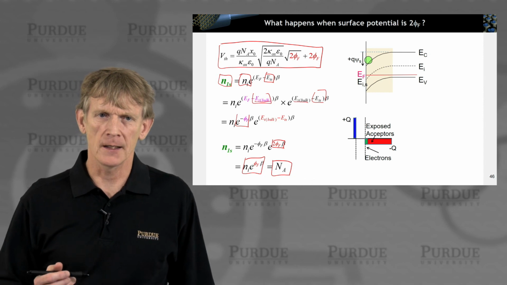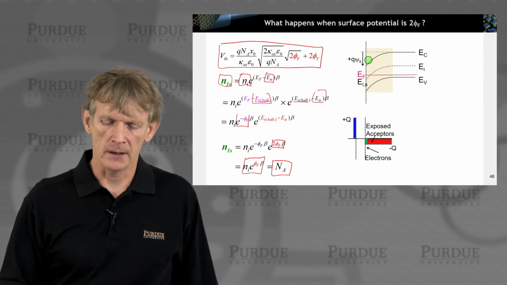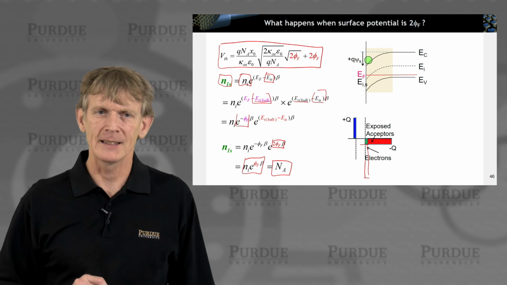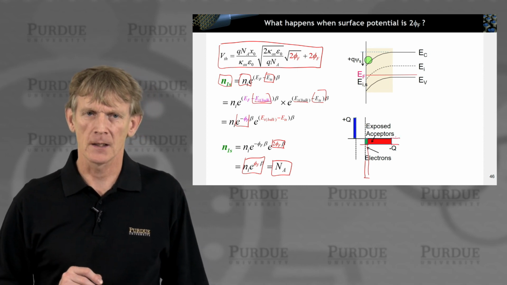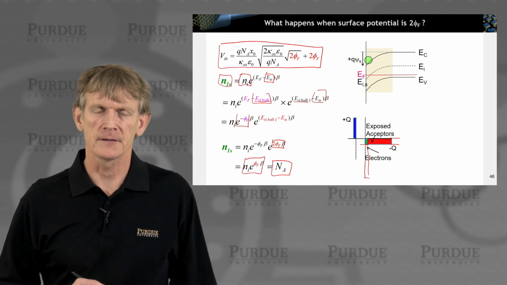So we define threshold by the point where the number of inverted electrons that is going to grow here is identical to the number of exposed acceptors. That is how we define 2 phi f. That's the surface potential when that happens.